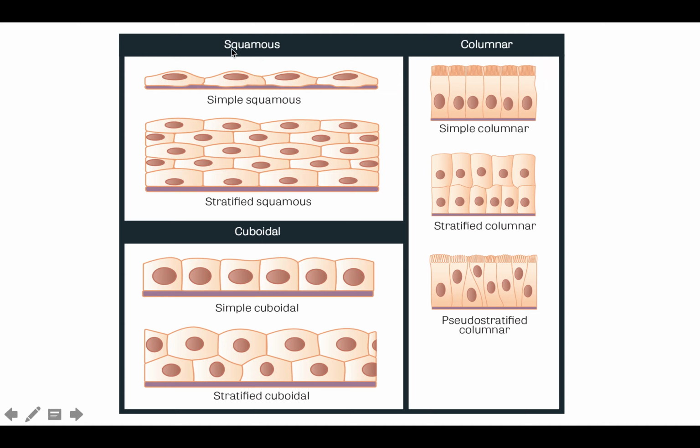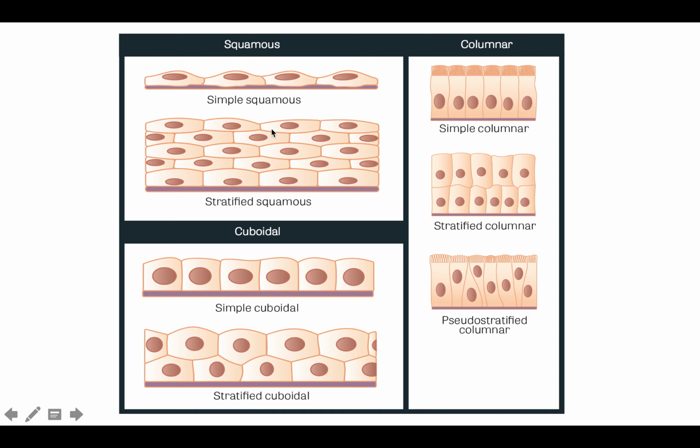Squamous epithelium. Mostly it is formed of a single layer of cells covering the external and internal body parts, and these cells rest on a basement membrane. Now stratified squamous.